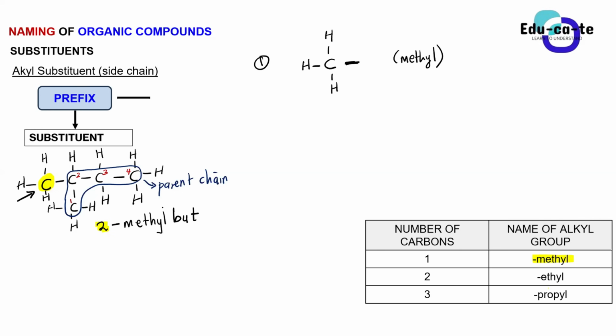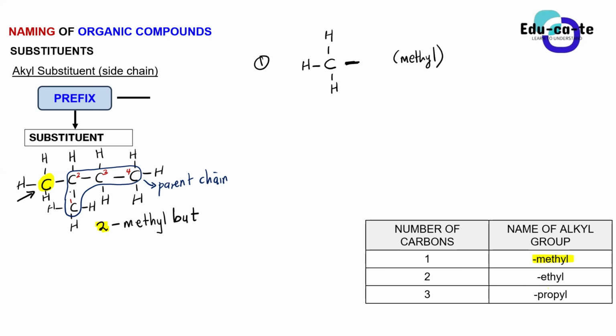After the root name, the suffix, the last part of the name, must tell me the homologous series to which this organic compound belongs. So to which homologous series does it belong? Yes, Nobu? It's an alkane, because you can only see single bonds between the carbon atoms, and it is also a hydrocarbon. We don't have any other element, just carbon and hydrogen only.